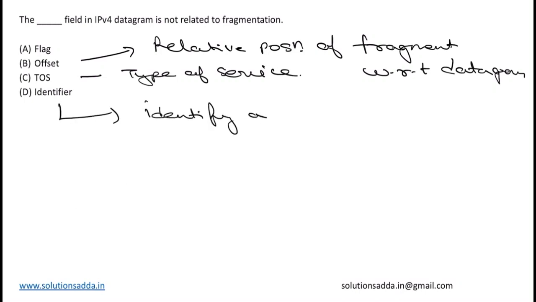So clearly we see that the fields flag, offset and identifier are related to fragmentation, but the TOS, that is type of service, is not related to fragmentation. Hence the correct answer for this question is option C, TOS.